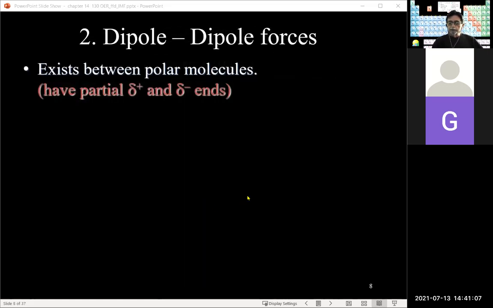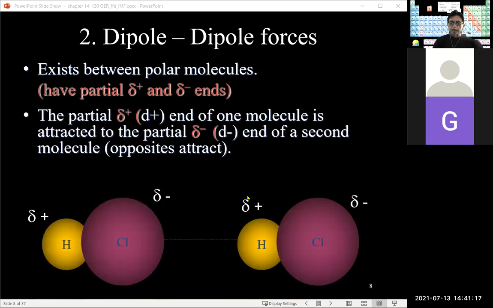Now, dipole-dipole forces: permanent dipole, whereas London forces, nonpolar molecules, have a temporary induced dipole. These compounds have a permanent dipole because of the difference in electronegativity of the two atoms bonded to each other. For example, hydrochloric acid, HCl.